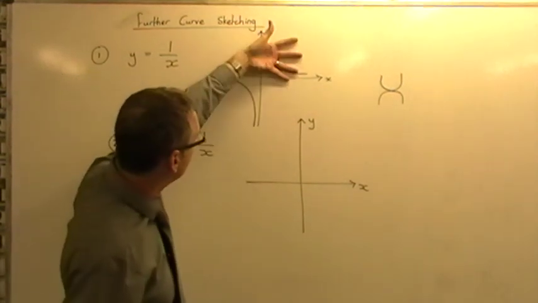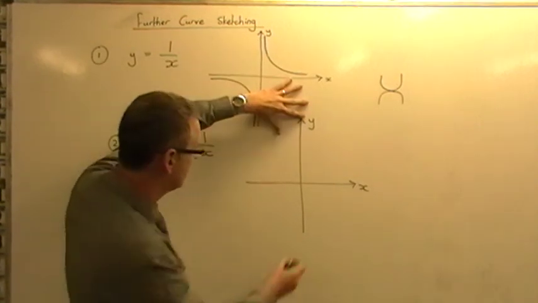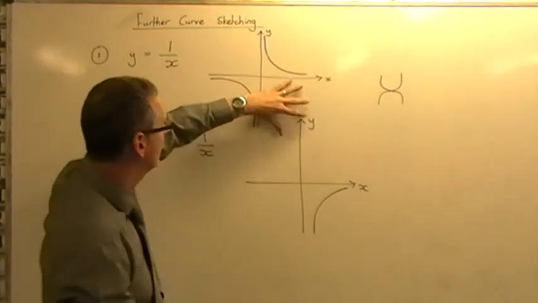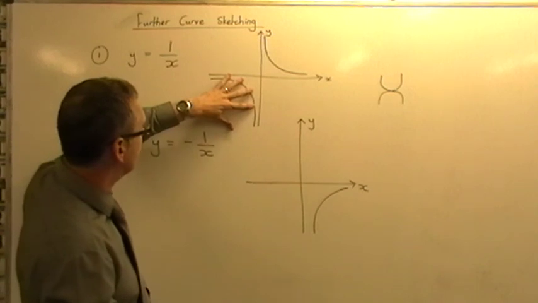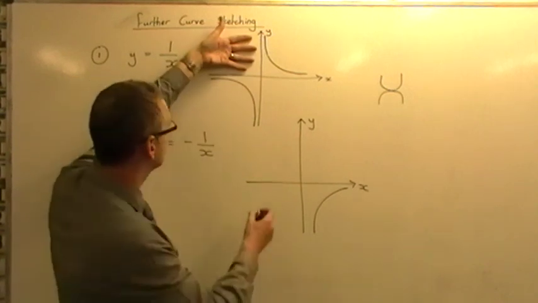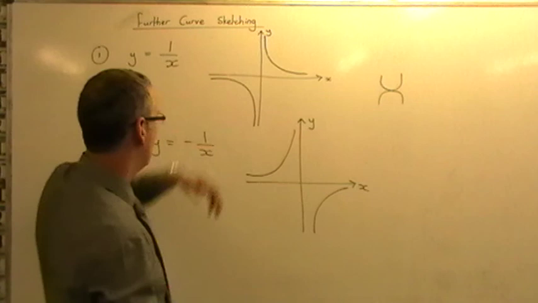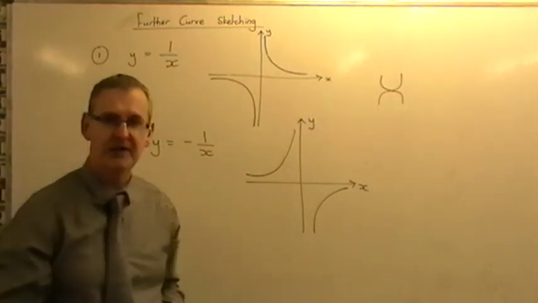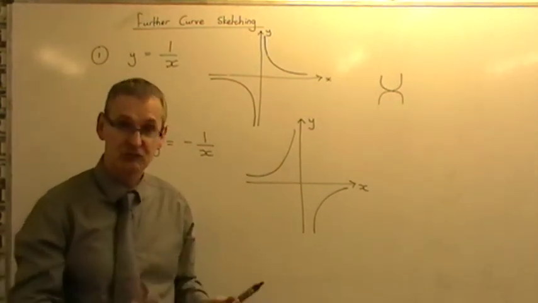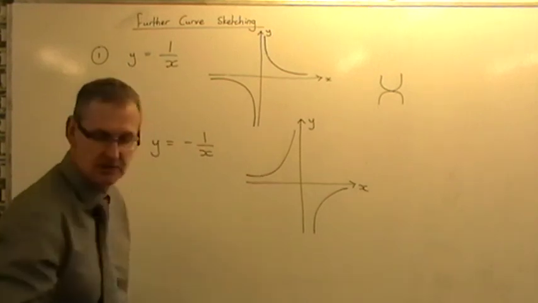So in other words, that part of the curve is going to reflect down there, and that part of the curve is going to reflect in the x-axis up there. So you're going to get that, and that is the sketch of y equals minus 1 over x. So that's really simple, and that's the end of the picture.